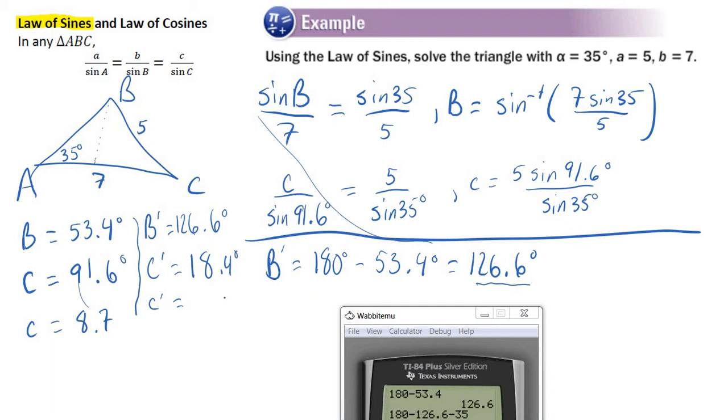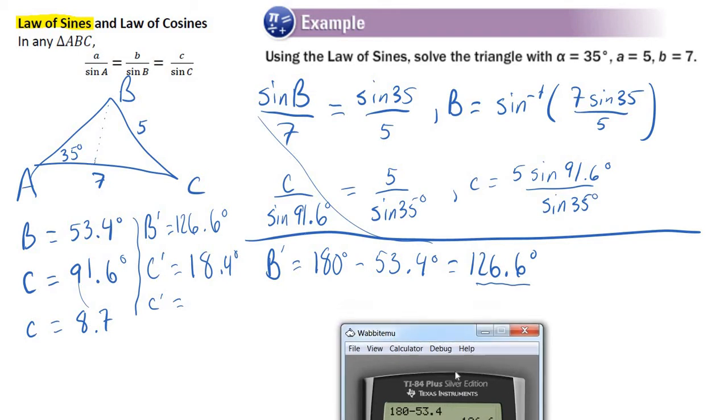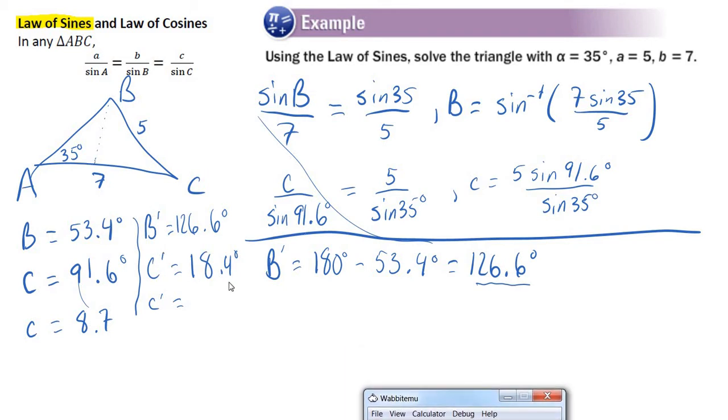Okay, last thing, we need to find little c prime. So very similar to what we did up here. Let me get my calculator out of the way so I've got some room to work here. So, c prime, and I'll just label it, sine of, what do we got? 18.4 degrees, because that's my angle C prime, equals, and this relationship's still the same, so it's just 5 over sine 35.